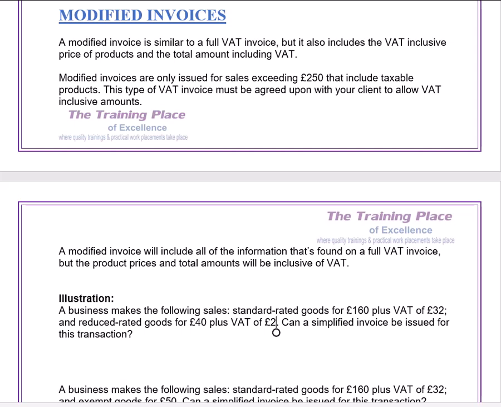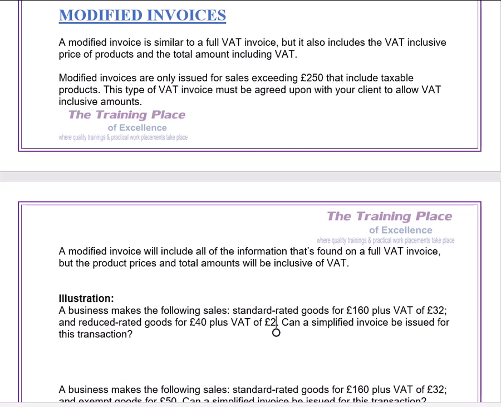Look and note the difference between the simplified invoice and the modified invoice. Simplified invoice, fewer details, and it has to be up to the £250 limit. Modified invoices, specific additional details, and it has to be more than £250 that include taxable products.